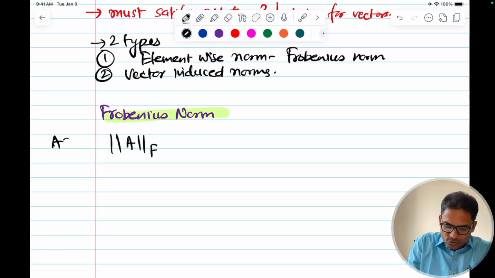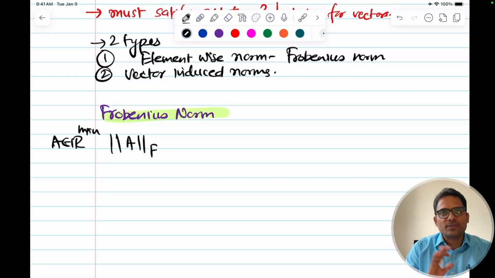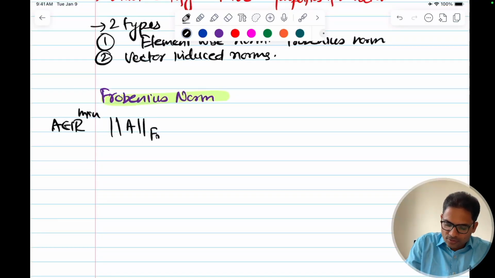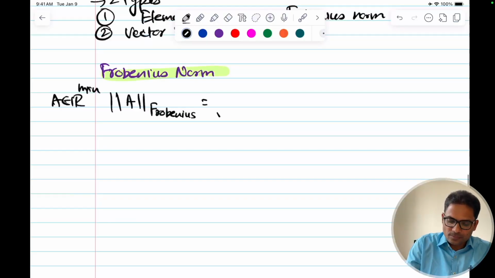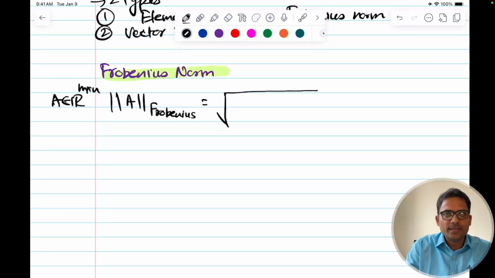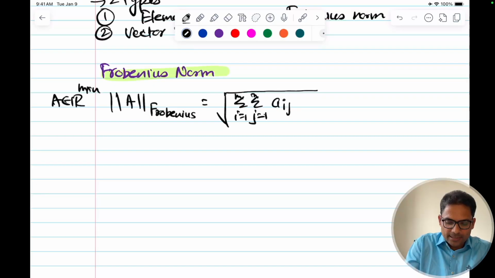Here A belongs to m cross n, so it's a matrix of m cross n dimensions. This is similar to Euclidean, but it is element wise: all the elements squared. So this is the sum over i equal to 1 to m, on the rows, and sum over j equal to 1 to n, I move across the columns, so I get every element, and then each element a_ij squared.